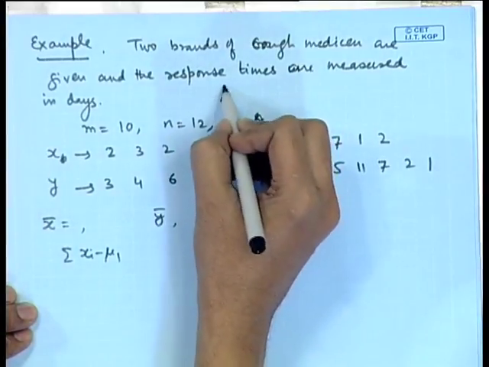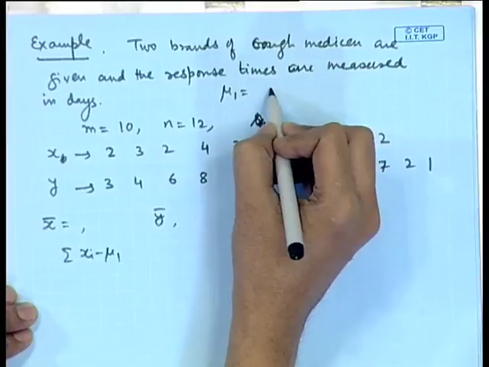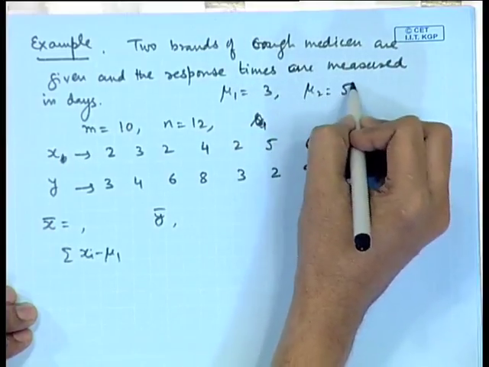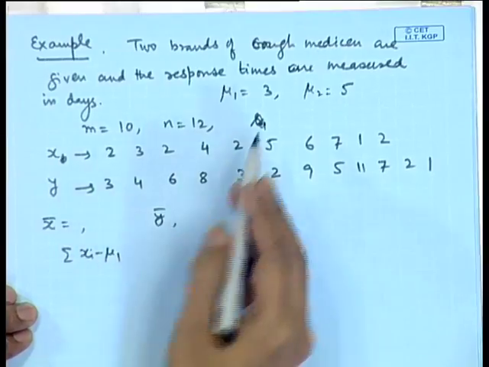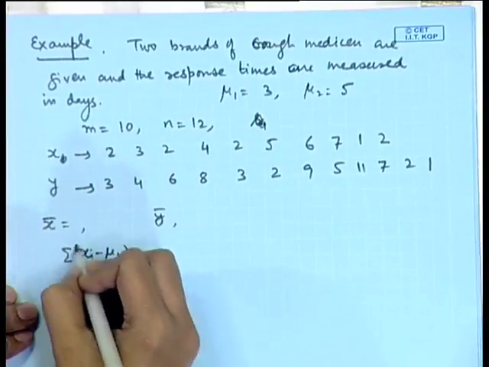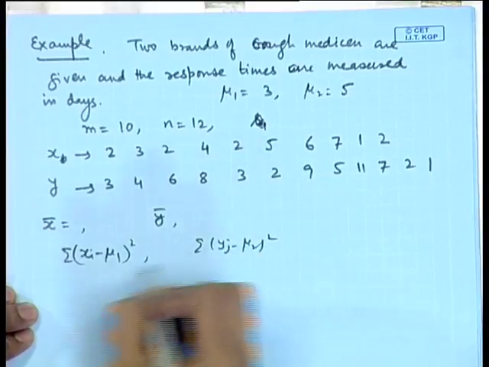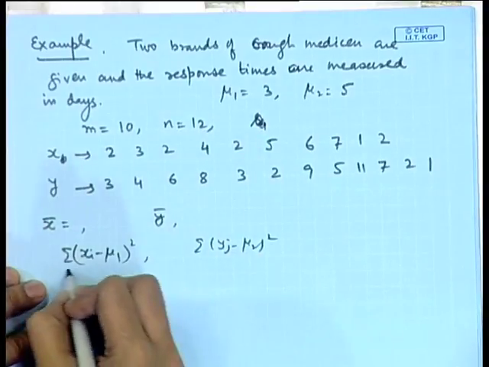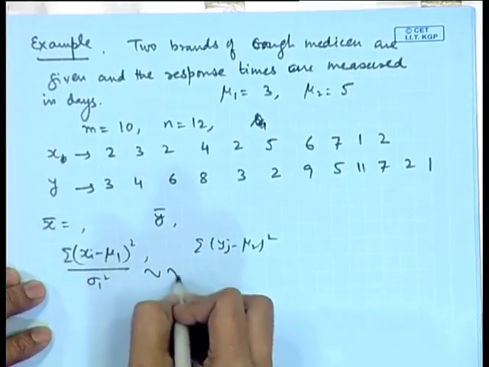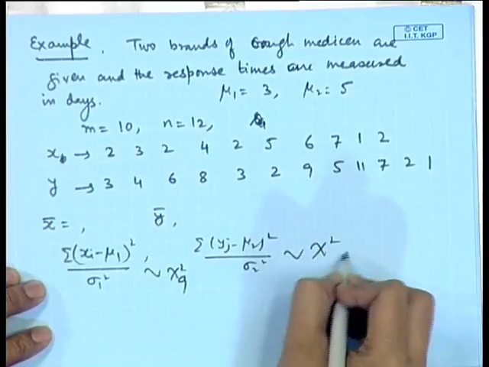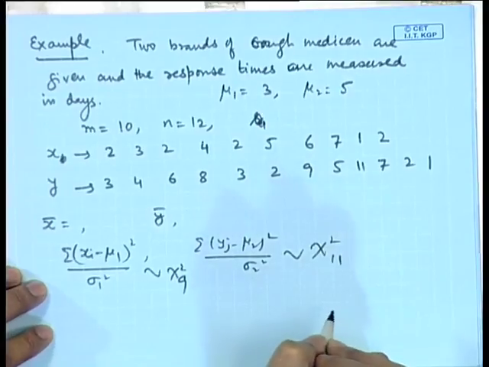So, it is given that mu 1 is say 3 and mu 2 is equal to 5. So, if we are looking at sigma x i minus mu 1 square and sigma y j minus mu 2 square, then that will follow chi square on 9 and this divided by sigma 2 square will follow chi square on 11 degrees of freedom.